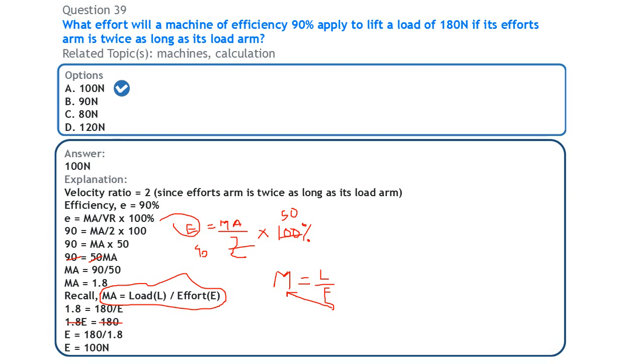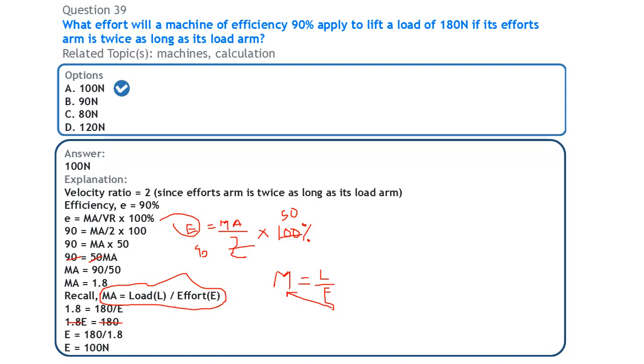Now before we go into this, the question is, you have to find the effort. What effort? That is the question. Mechanical advantage is equal to load over effort. So this is the formula that we are supposed to use directly to find our effort.